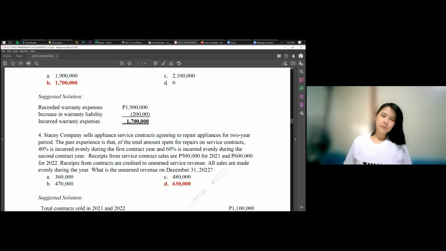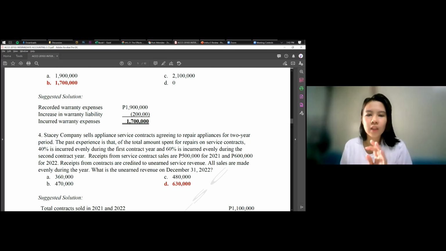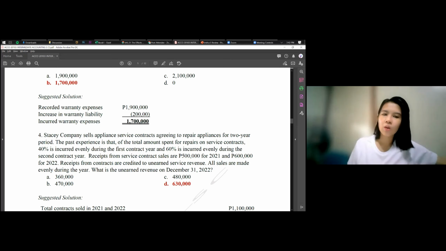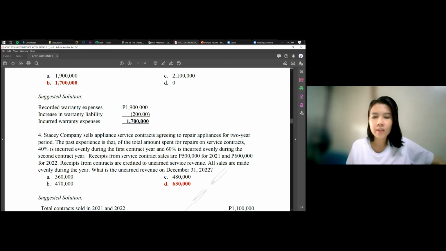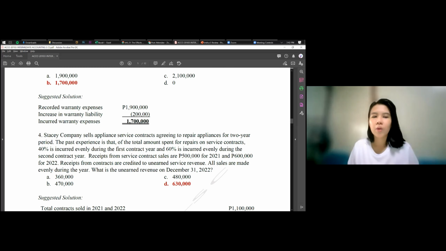So, yeah. So, first things first, compute natin yung total revenue niya. So, that's easy, di ba? 500,000 for 2021 and 600,000 for 2022. So, safe to say na by December 31, 2022, meron siyang liability na 1.1 million. Pero, kunin muna natin yung adjustments, which is based sa box method computation na evenly incurred.